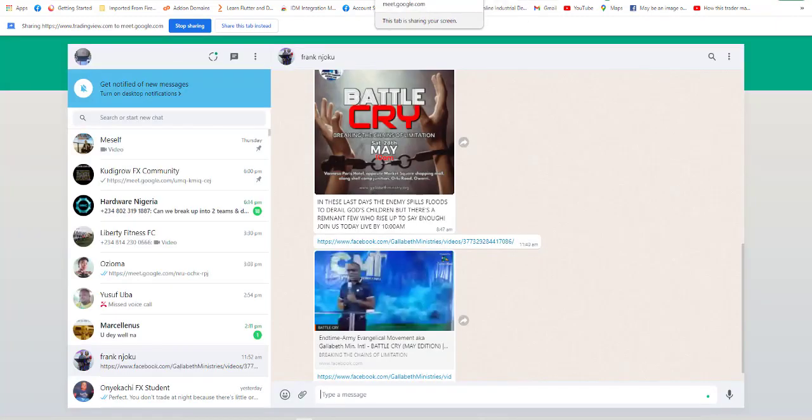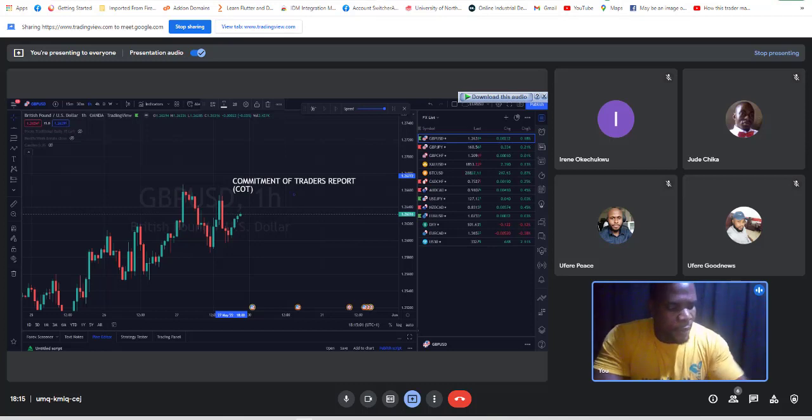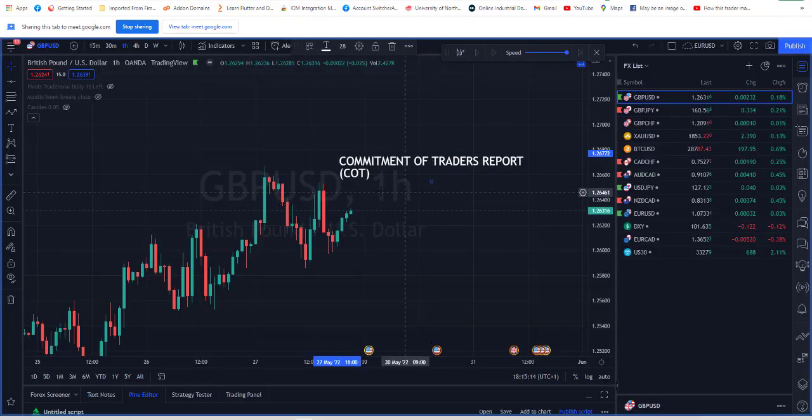All right, so the commitment of traders report, simply put, is like an obligation from the big investment traders, the institutional traders. They are under obligation to publish the positions they are taking for every currency that they would be buying every blessed week.